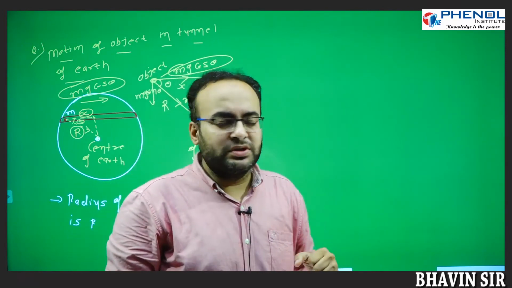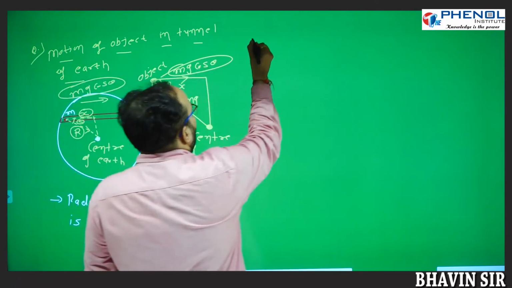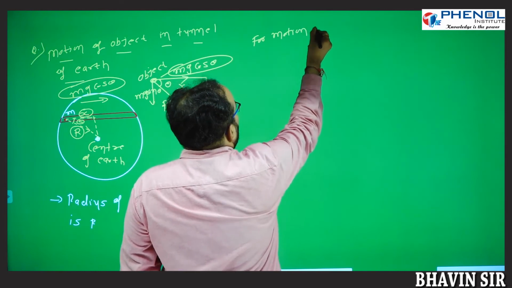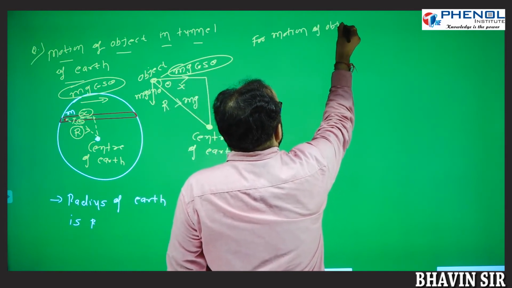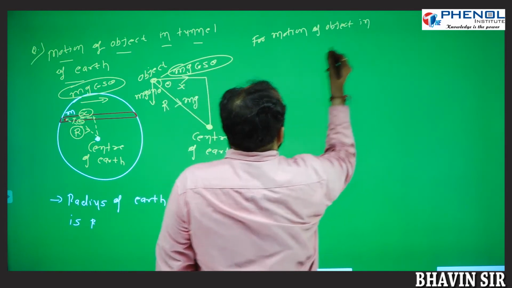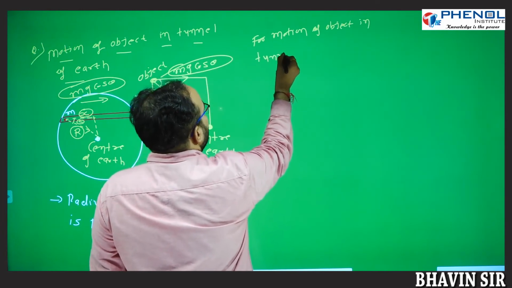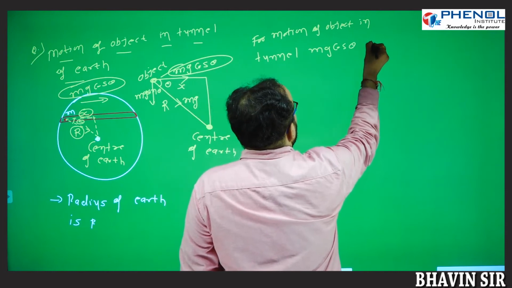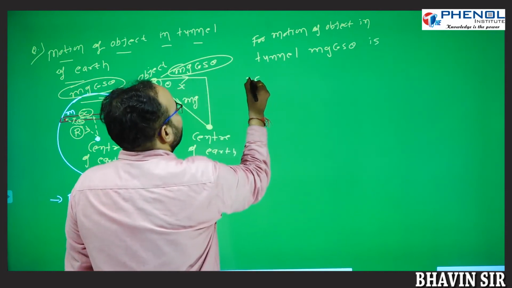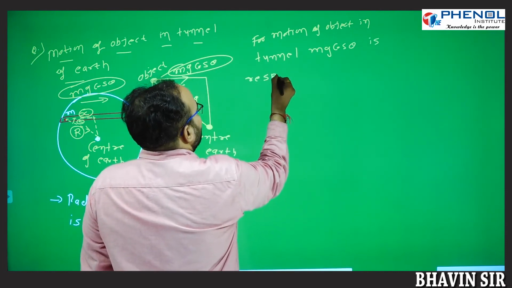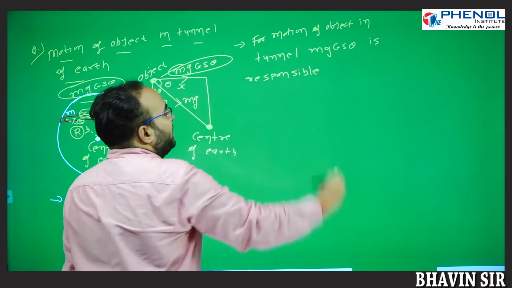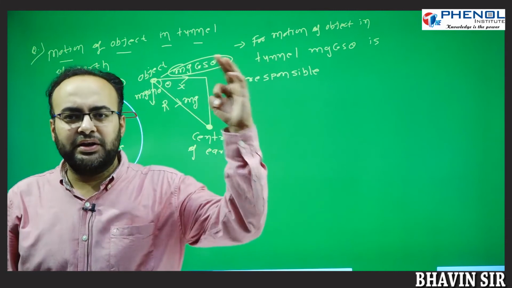So we can say that for oscillation, for motion of an object in a tunnel, the mg cos theta component is responsible for the motion of the object in the tunnel.